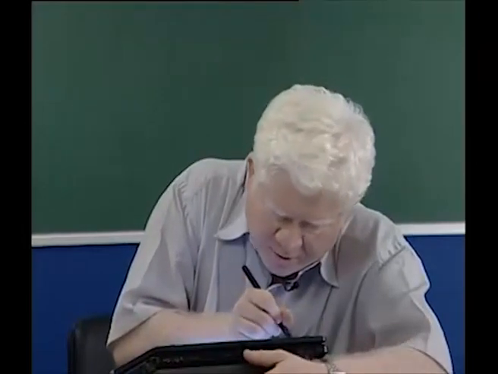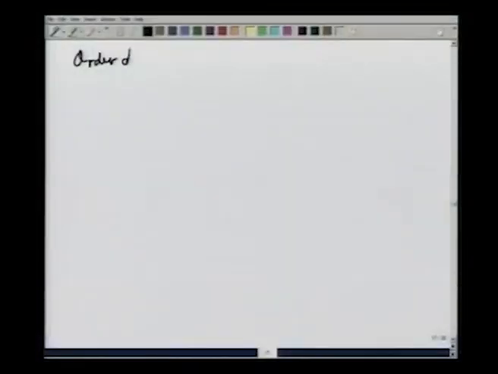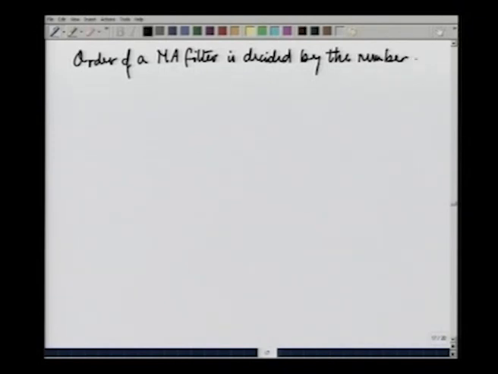If you want to know why, the fact is that the order of a moving average filter, which we will simply call an MA filter, is decided by the number of delays or D blocks that it contains.